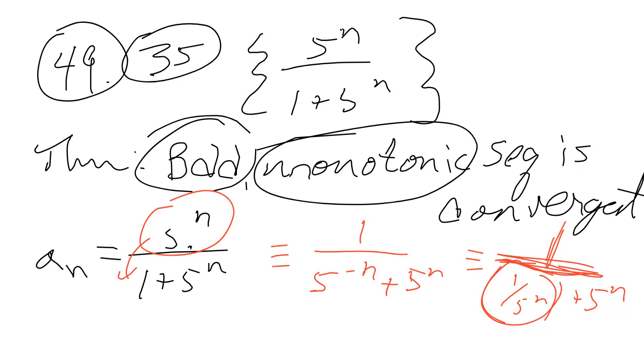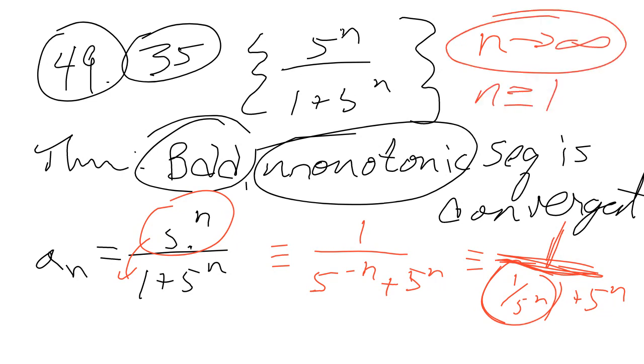Well, remember, n is getting big here, so n is greater than or equal to 1. N is a natural number and it's getting big. So this is not a problem at all. We're never dividing by 0 here because 5 to the nth power gets huge, and 1 over 5 to the nth power is 1 over something that gets huge, which goes to 0.